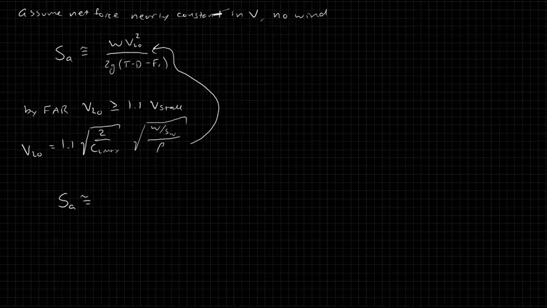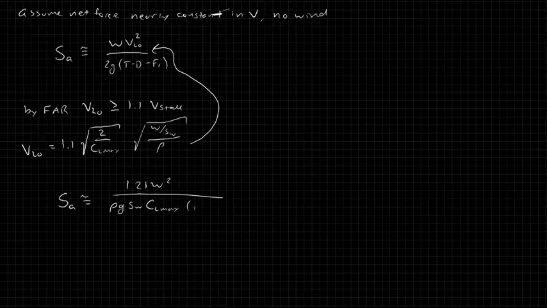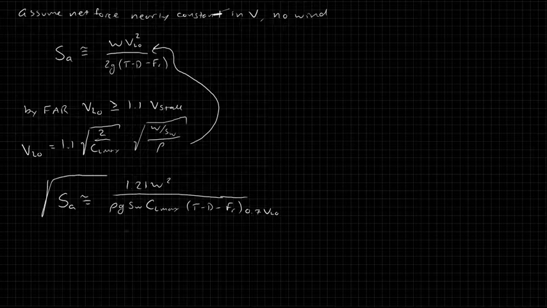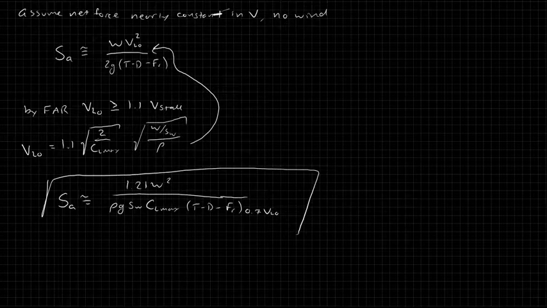And that's going to be 1.21 W squared divided by rho g S_W times C_L max times (T minus D minus F_R), where each of these forces is evaluated at about 0.7 times the liftoff speed. Okay, so this evaluation is important to make this an okay assumption.